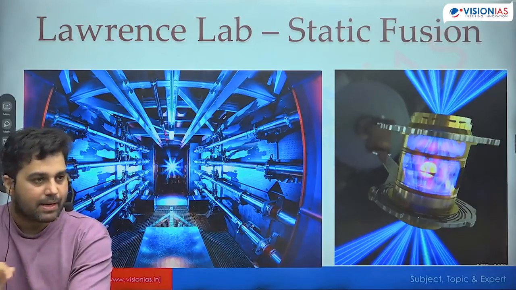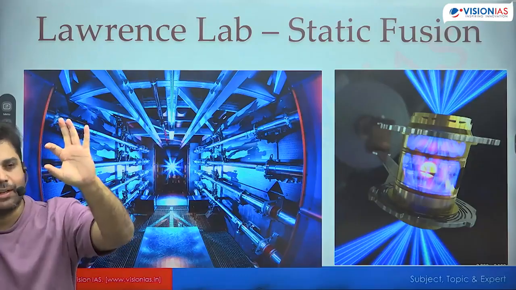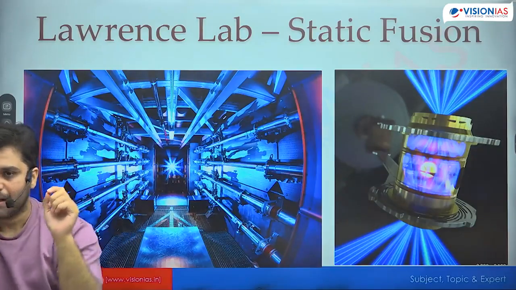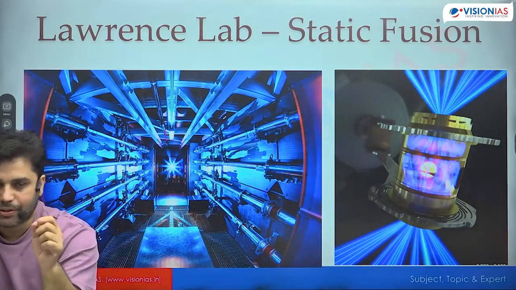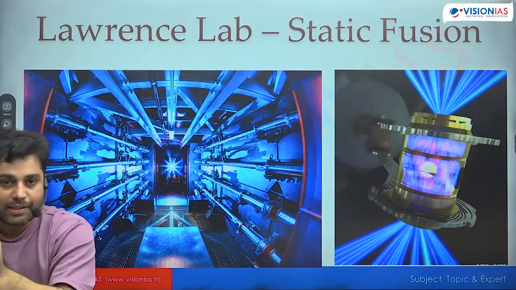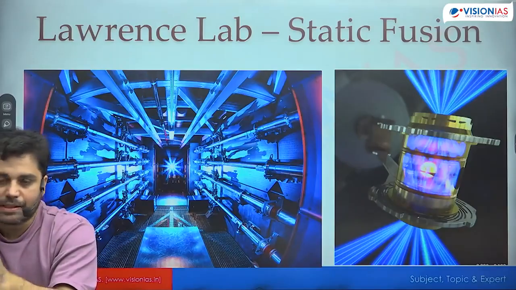But Lawrence Lab made an announcement that at a very small scale, with deuterium tritium located in a device like this, they were able to conduct fusion and produce surplus energy. So for the first time in the world, using nuclear fusion, surplus energy was produced.